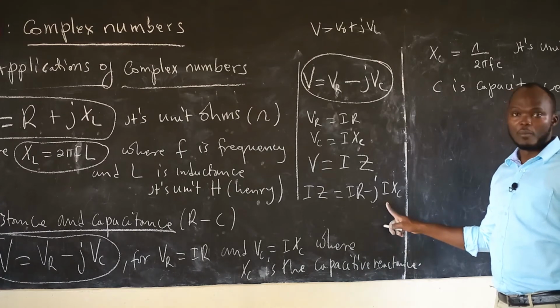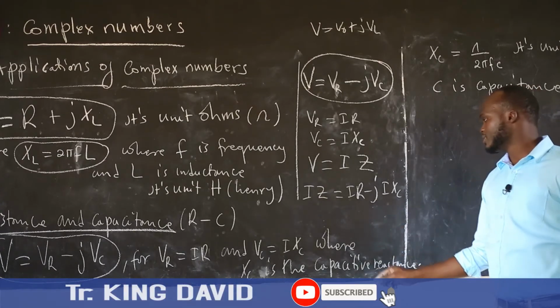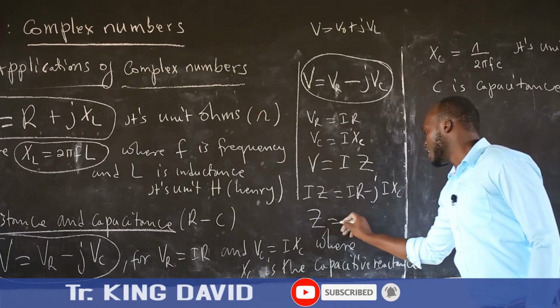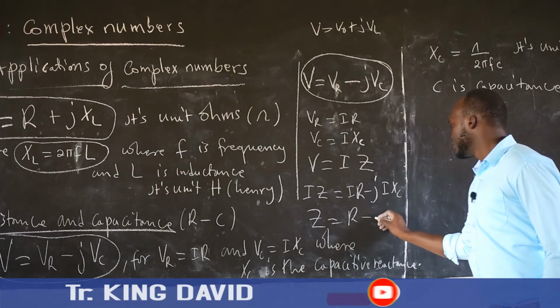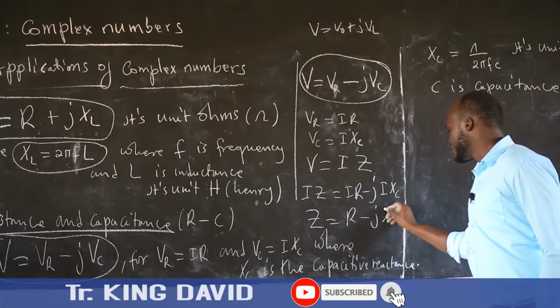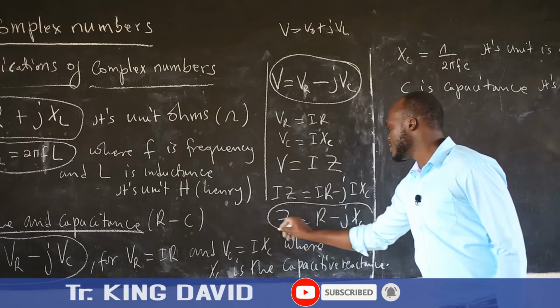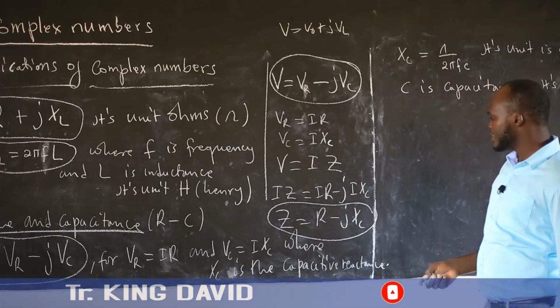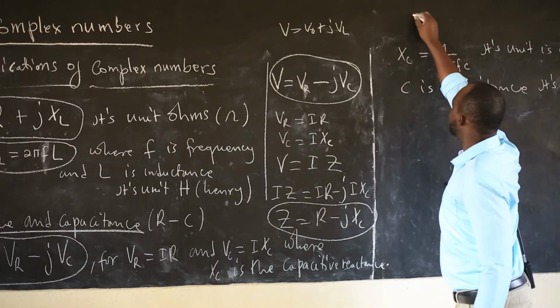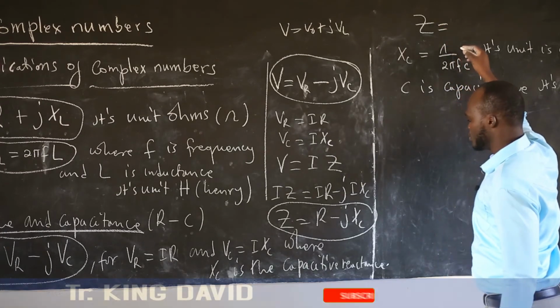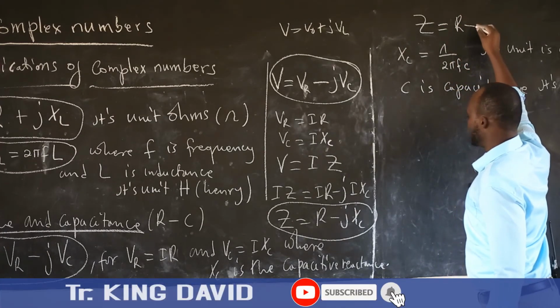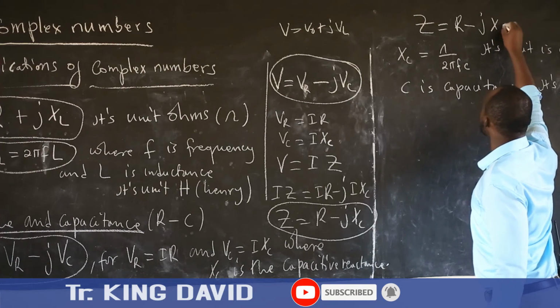You see I is common. We take I out of the bracket, and we remain with Z equal to R minus jXC. So this is our formula: Z equal to R minus jXC.